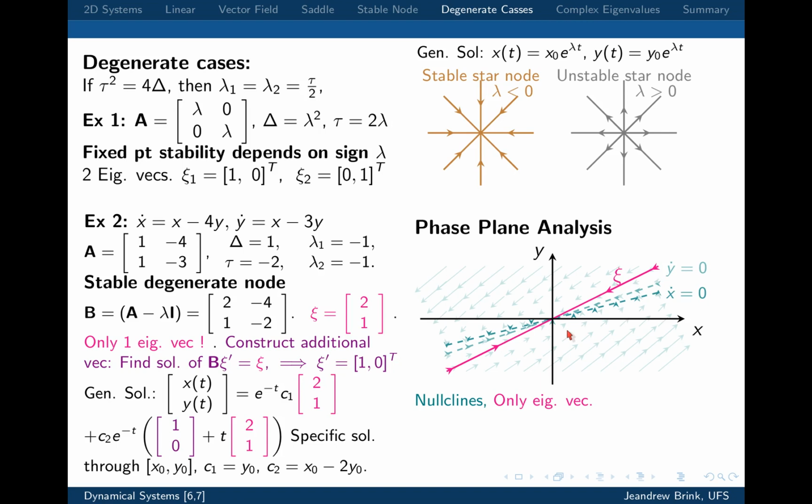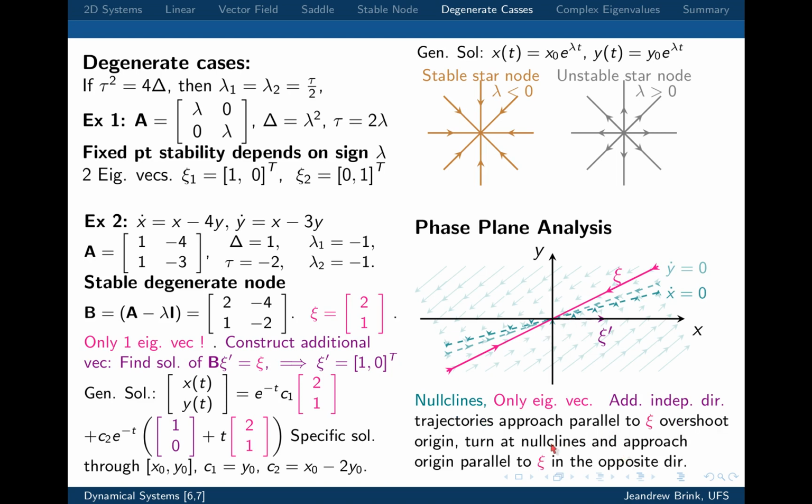So what is interesting now is that if we start putting in the trajectories for this degenerate node, just if you're interested, this is where the other eigenvector comes in, but it's never that important in the solution. I've just put it in for interest's sake. Okay, so what's going to happen is the trajectories are going to approach parallel to XC, right?